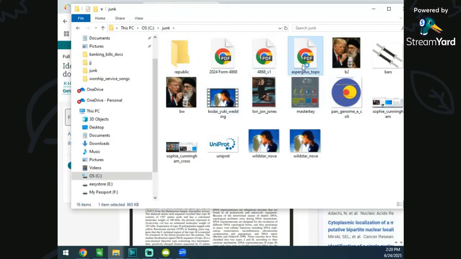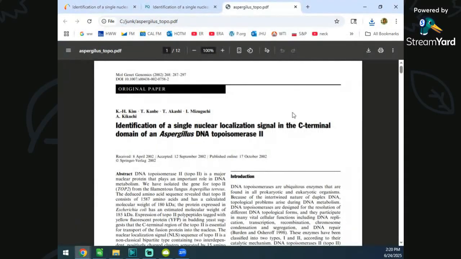It's titled "Identification of a single nuclear localization signal in the C-terminal domain of Aspergillus" topoisomerase. We're going to read parts of this. You have really good eyes. Thank you for finding that.